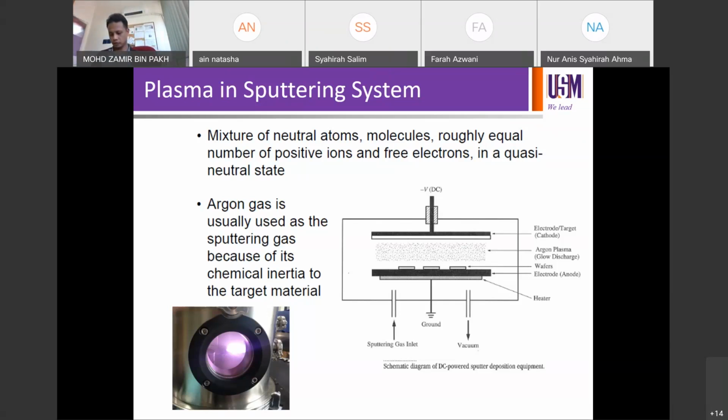In other cases, there are conditions where you want to have reaction with the gas. But the gas is not used as plasma. In that case, we call it reactive sputtering.